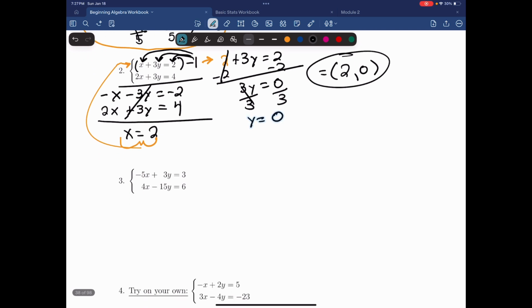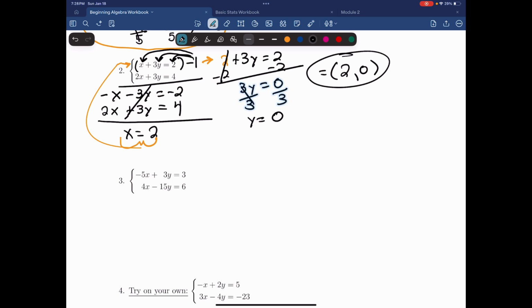Alrighty. So for example number 3, we are given -5x plus 3y equals 3. And for a second equation, we are given 4x minus 15y equals 6. So this time, we could either cancel out our x terms or our y terms. Either will be about the same difficulty.